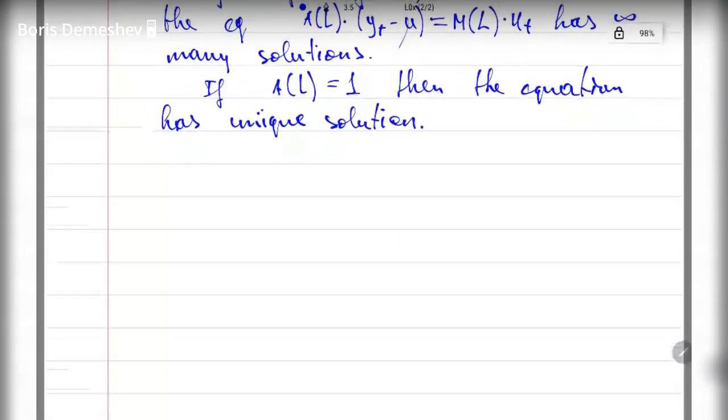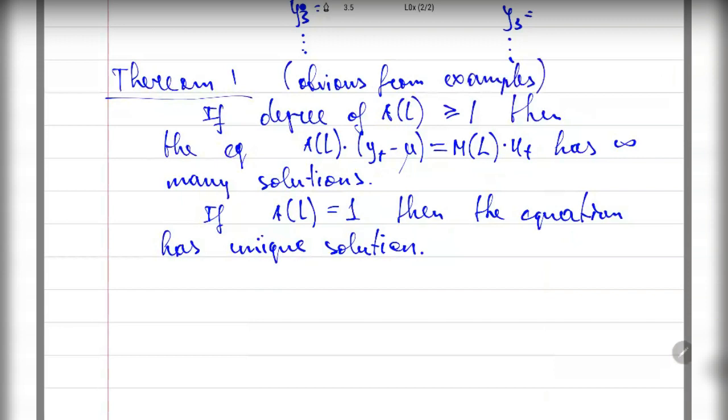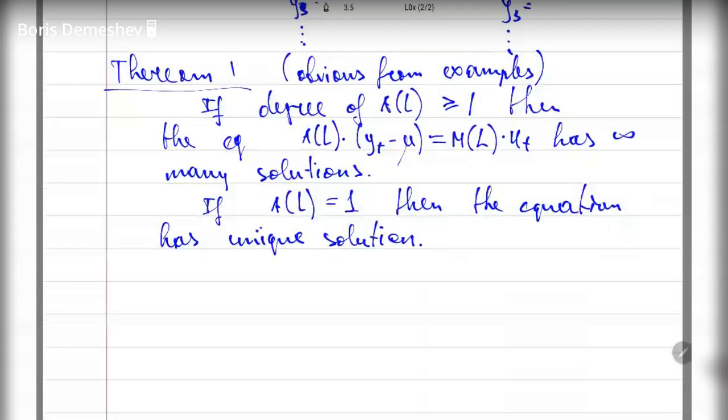Okay, now the first theorem is more or less obvious, just obvious from examples. And the next theorem is much harder. We will not prove it because it requires a good knowledge of complex analysis.